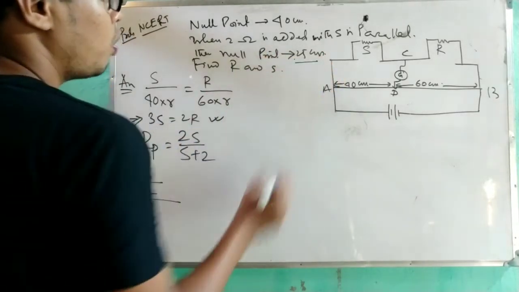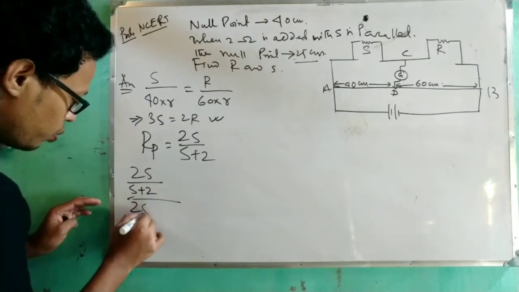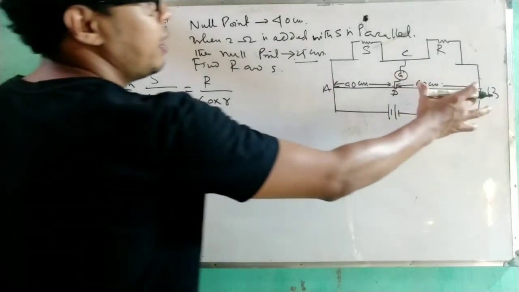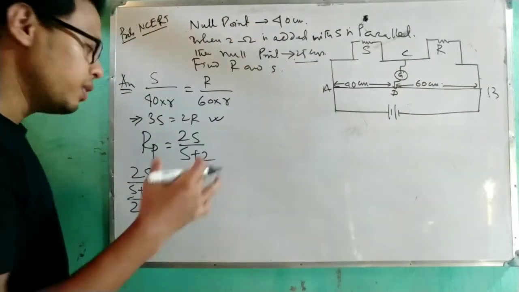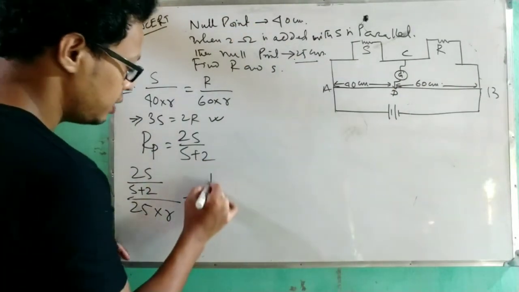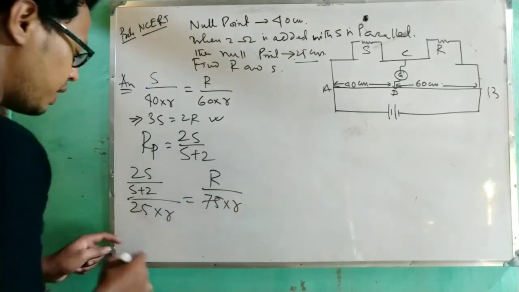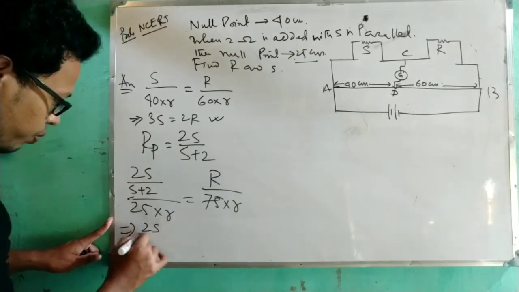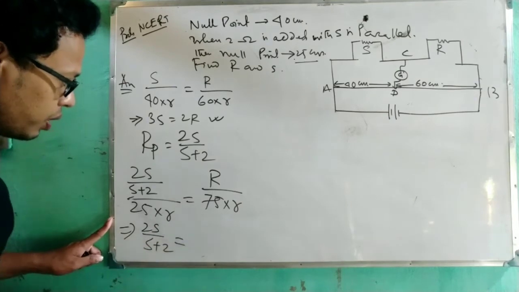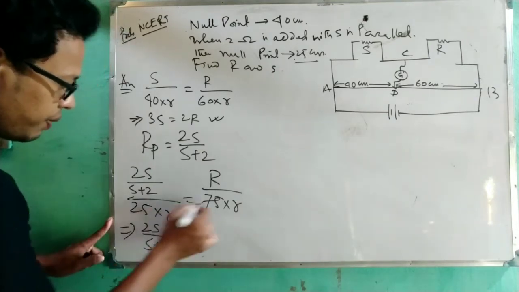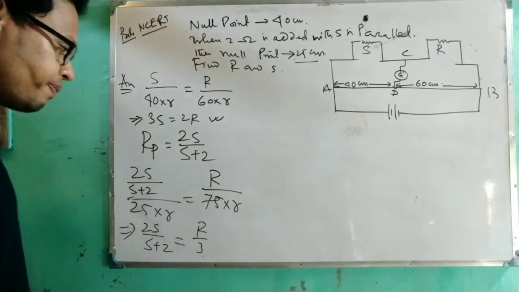Then the null point is obtained at 25. So 25 into R, and the remaining part will be 75. Okay, so here this R is divided by 75 into R. So R will cancel, and from here we can write 2S by S plus 2 equals to R by 3, because 25 3s are 75.